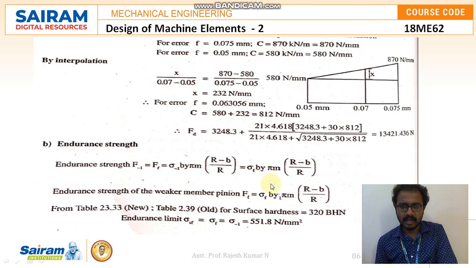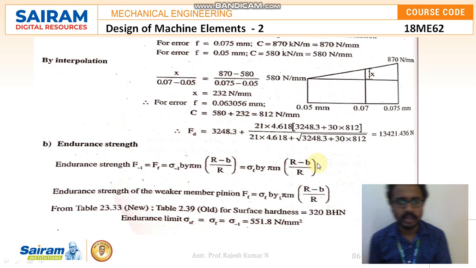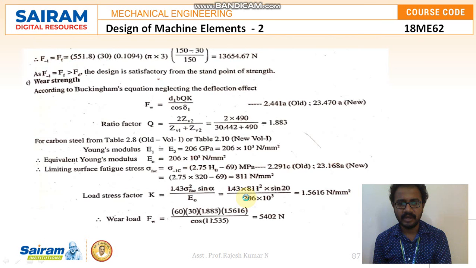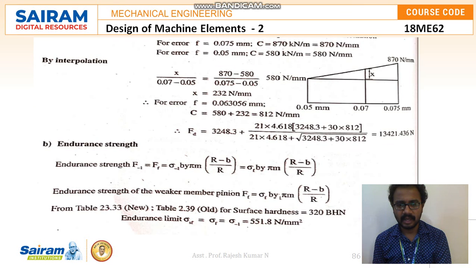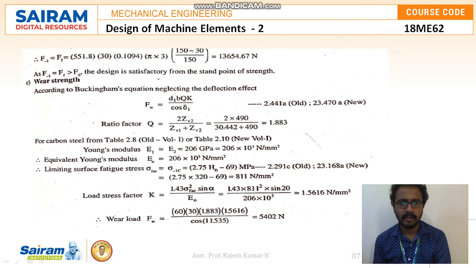Everything is known here, the r value is known, the b value is known, not in terms of module, we know the correct values. While substituting in this, we need to check what endurance strength value we are getting, and based on that we can write down the value. Here I am getting the value as 551.8 Newton per mm square. Ultimately, while substituting, I can check whether the design is satisfactory or not.